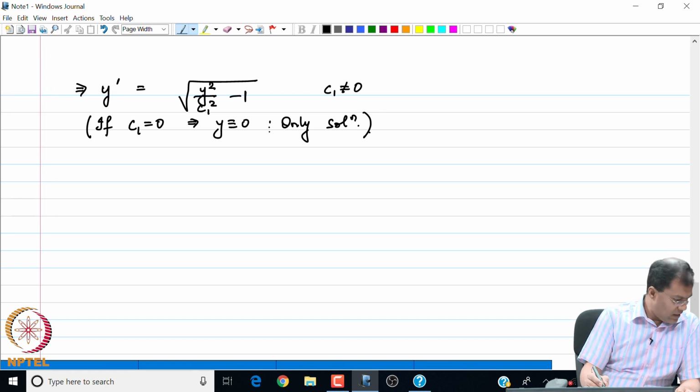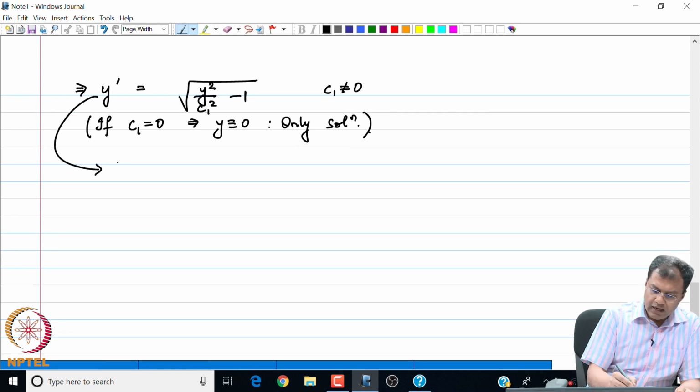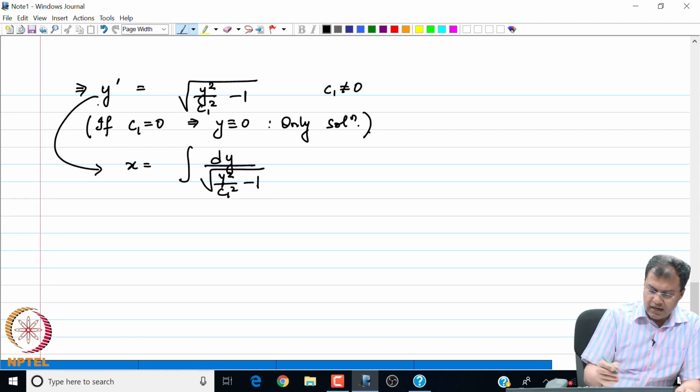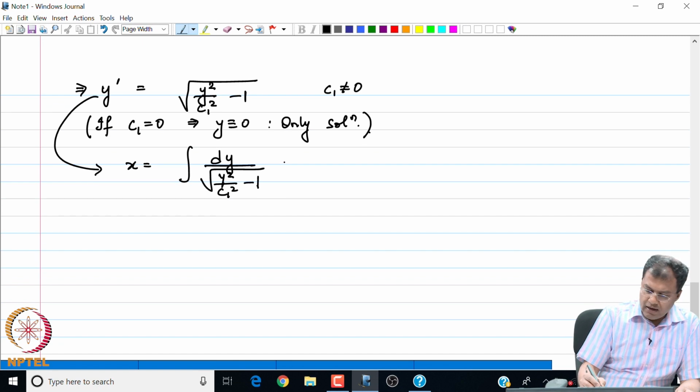So, C1 is not 0, and then we can integrate this to get the following: x is the integral of dy by square root of y square by C1 square minus 1, where y prime is dy dx. So, I can integrate x with respect to y, and this is an indefinite integration.